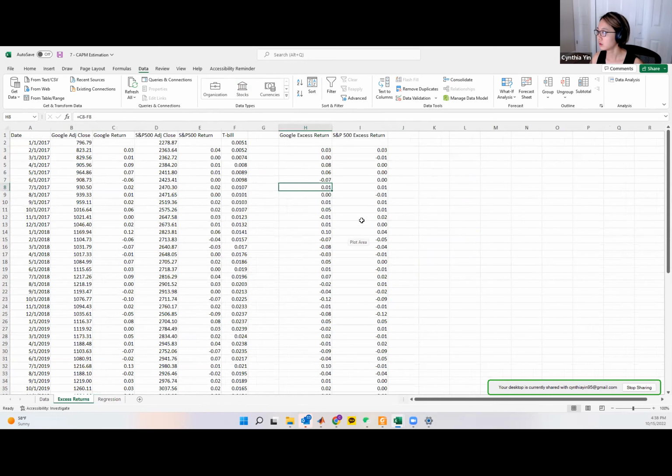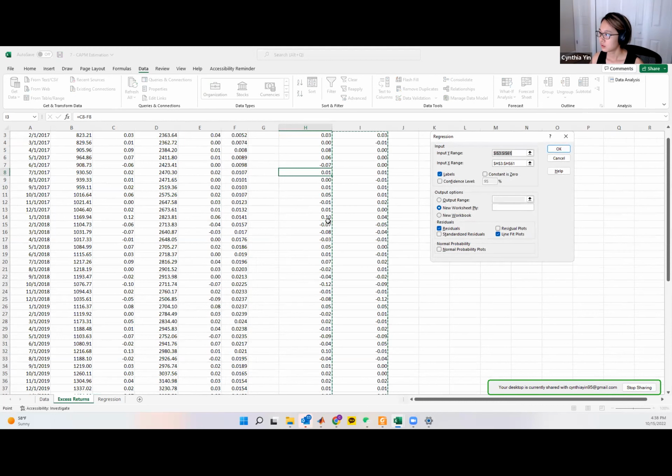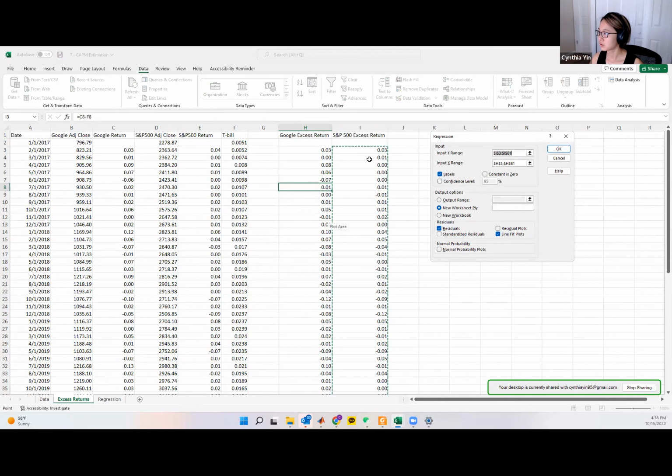In Excel, in the Data section, you need the Data Analysis add-in. If your Excel does not have it, you have to add it. Click on Data Analysis. There's an option called Regression, and you can see I've already input it here.